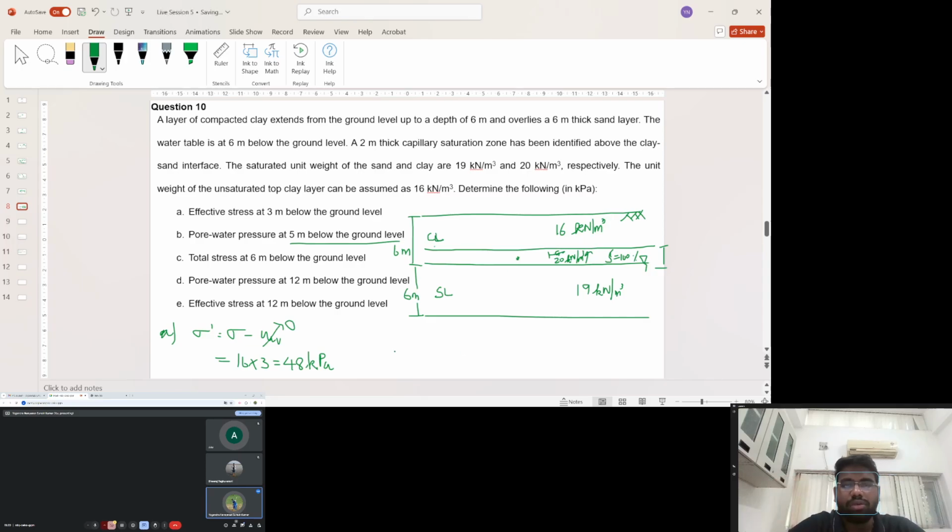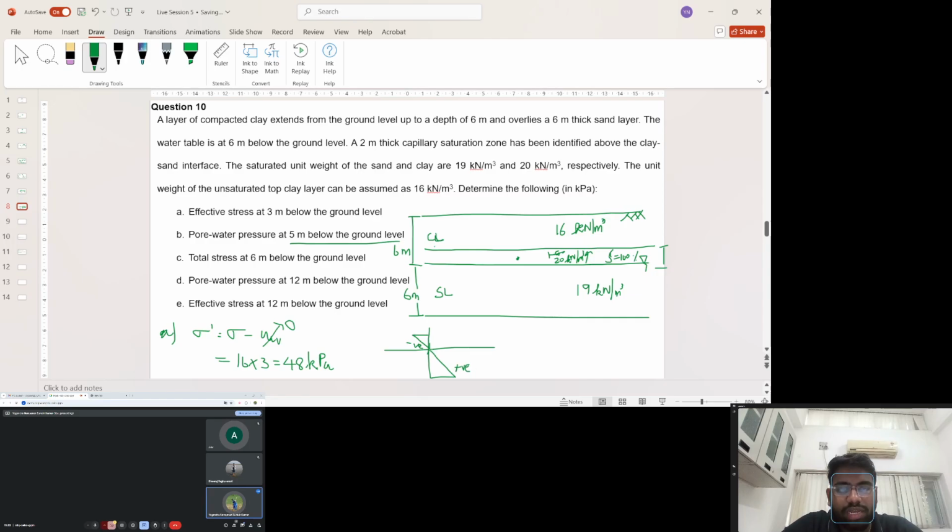Now when you draw the diagram, at the capillary zone interface, pore pressure will be 0, and further it will be like this. Here the pore water pressure will be negative. This is negative, this is positive.